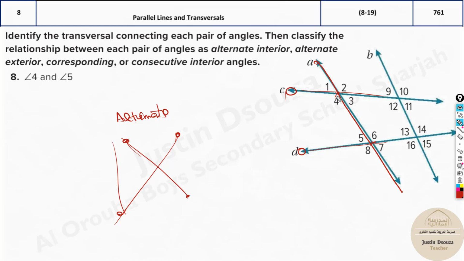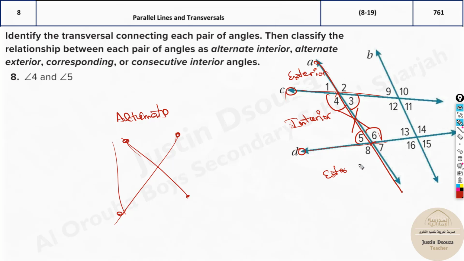So alternate is this 4 alternating with 6, you can say, because you need to cross it out. This 3 over here is alternating with 5. Now you can see lines C and D both are outside 4, 3, 5, 6, so these are called interior. Interior is inside, whereas exterior is outside.